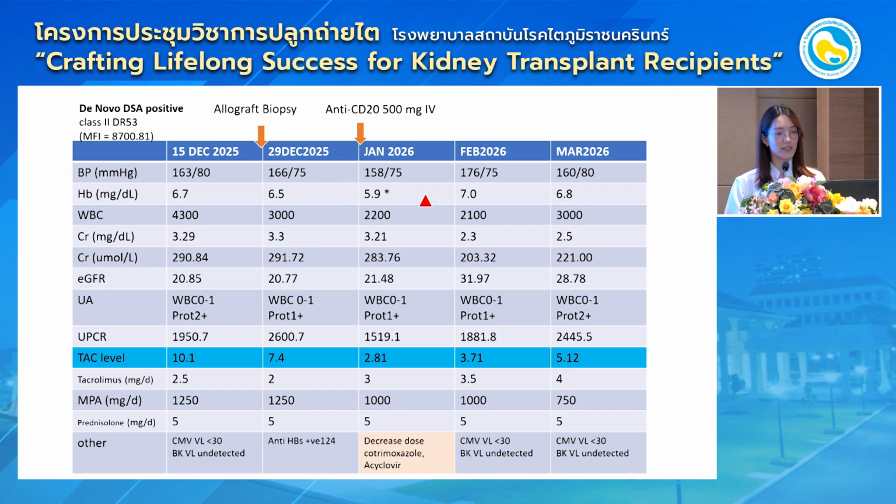He is one of the non-high metabolizer tacrolimus patients. Before, he only needed 2 milligrams of tacrolimus per day to maintain his trough level, but right now we have increased the dose up to 4. We regularly checked his infections; CMV and BK are still not present.